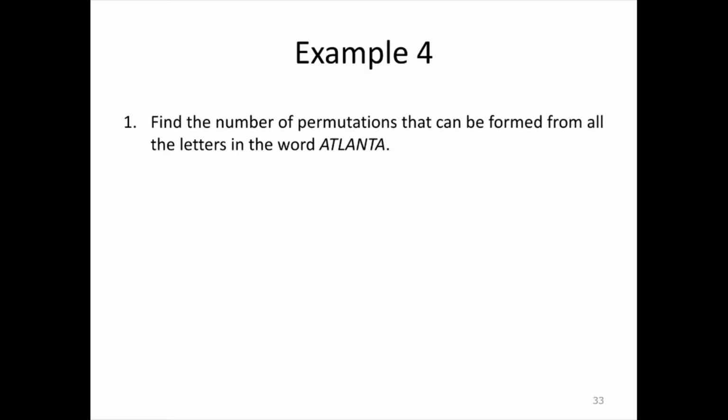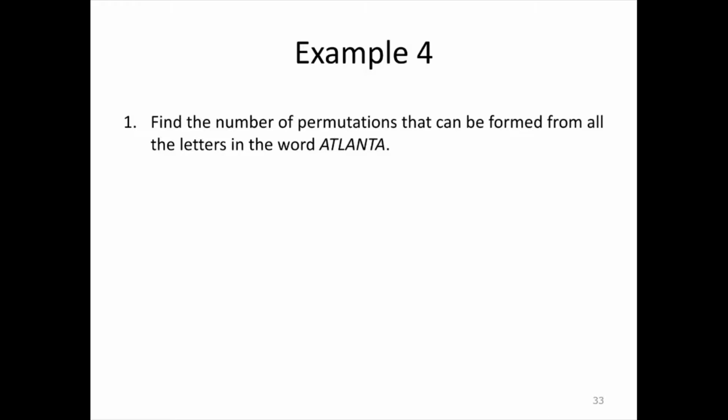You can immediately see that there are objects which are alike in this word, right? For instance, the letter A, although it appears 3 times, they are just alike. And it is also the same with the letter T.